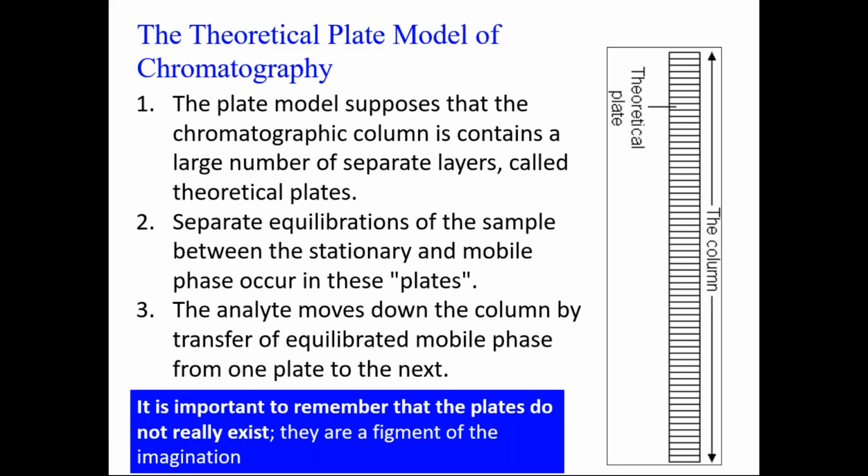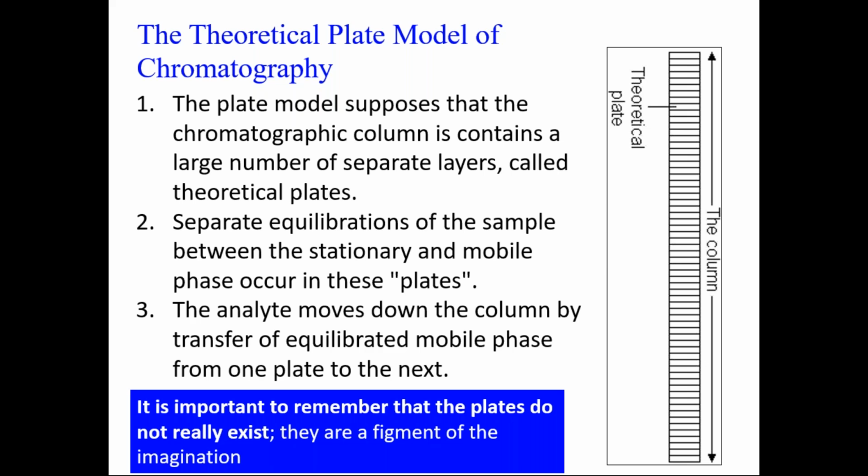One of the important things in column chromatography, which tells you about the efficiency of column chromatography, is what is known as the theoretical plates. The efficiency of the separation is described by the theoretical plate model of chromatography.